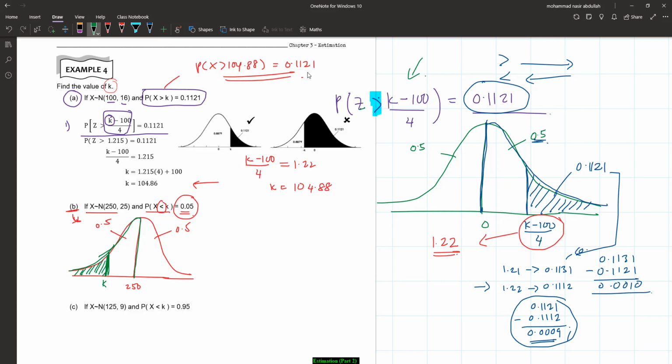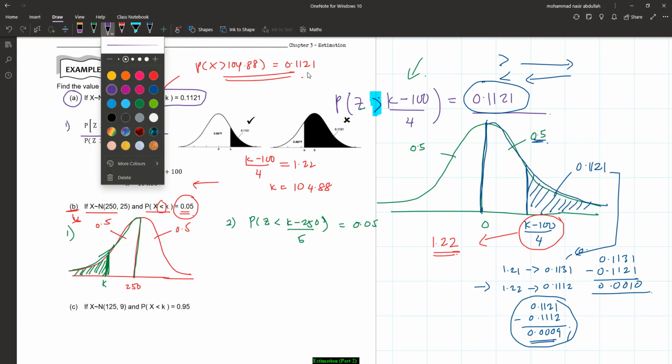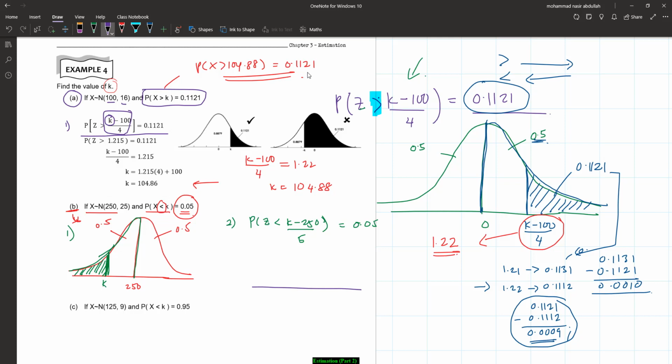So next, this is the first step. Second step is we convert this to the Z distribution. So Z equals K minus 250 divided by 5, equal to 0.05. Right? So still the same. We draw the probability distribution curve first.